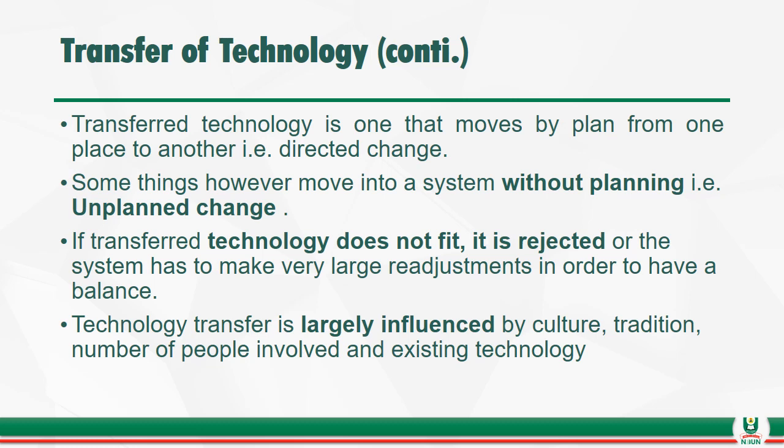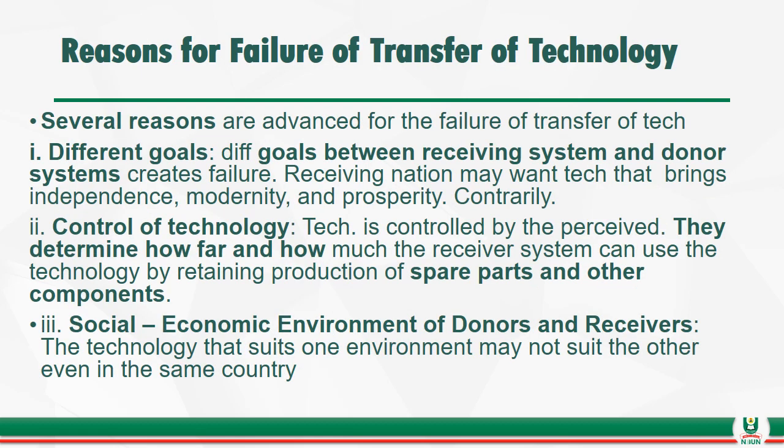Directed change is another name for planned change. Okay, if transferred technology does not fit, it is rejected, or the system has to make very large adjustments in order to make a balance. Technology transfer is largely influenced by culture, tradition, number of people involved, and execution.